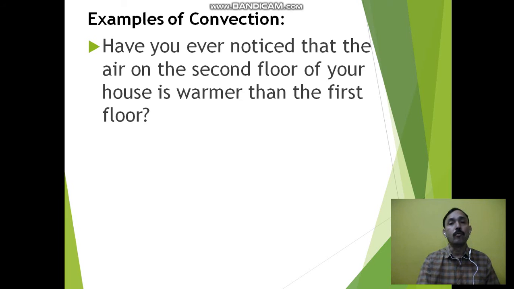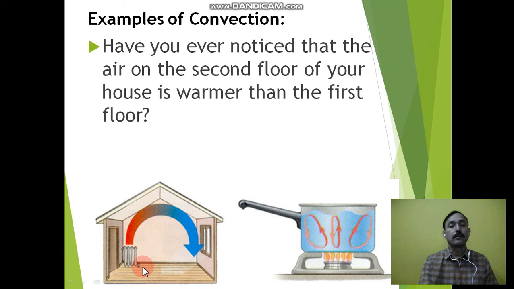Have you ever noticed that the air on the second floor of your house is warmer than the first floor? The air close to the surface of the earth becomes hot, and this air becomes lighter, it will move up, and the heavier cool air will come down to the nearest surface to fill up the gap.